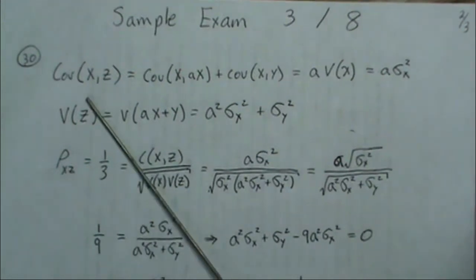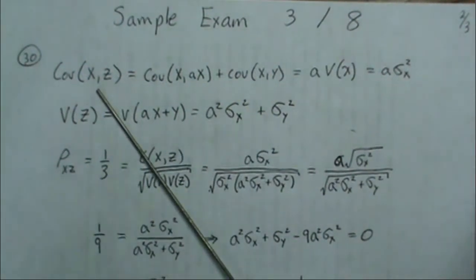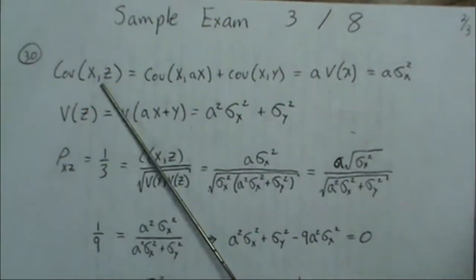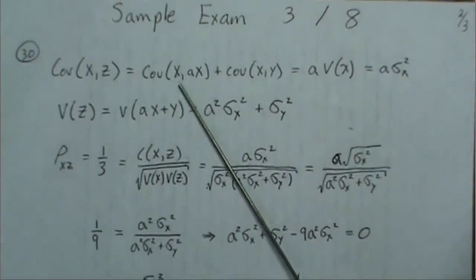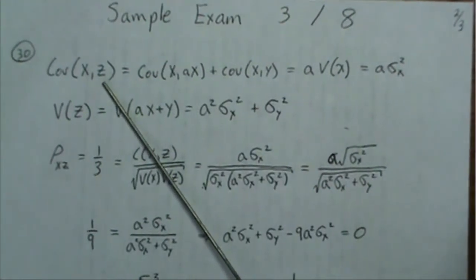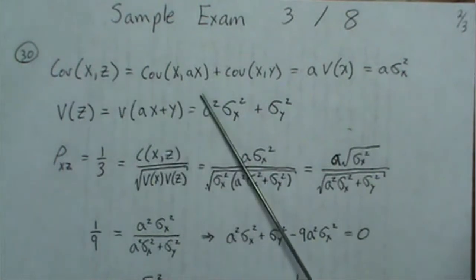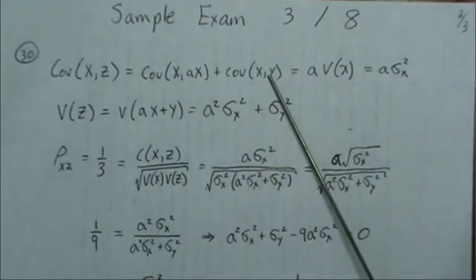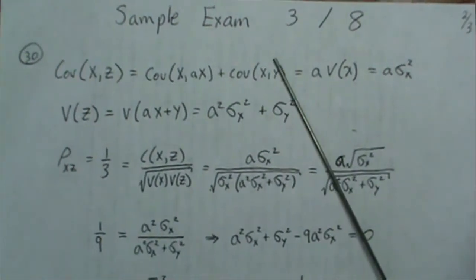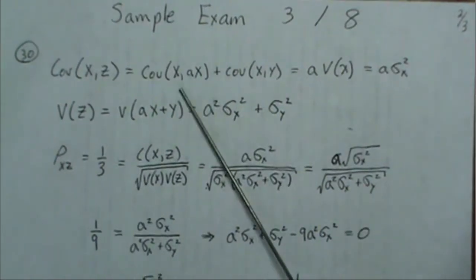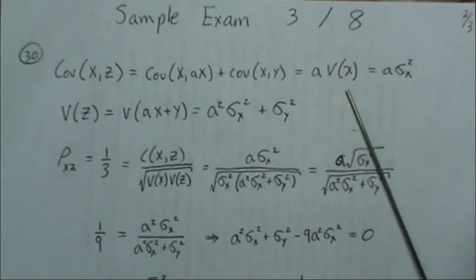So if we just look at the covariance, we have to find pieces of the correlation. So the covariance of x and z is, since that's a linear combination of x and y, you break it up. Well, they're independent, so that covariance is 0. So we're just left with this. So you bring out the a, and the covariance of x and x is the variance.